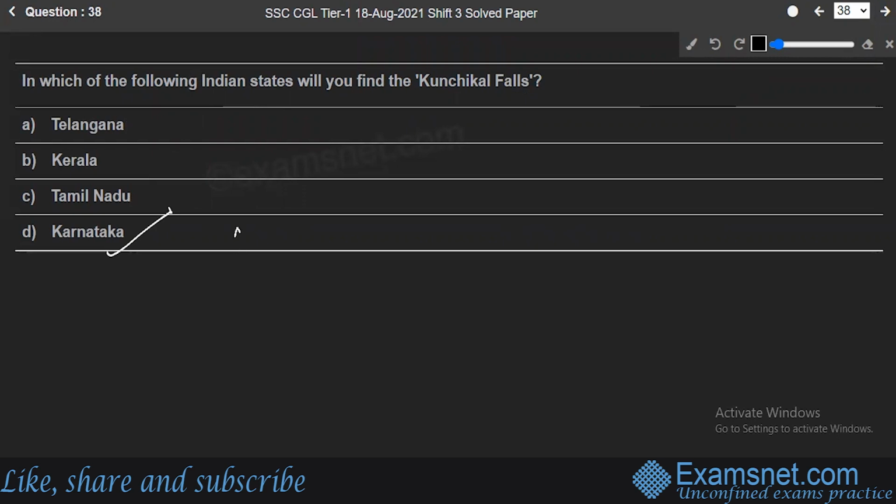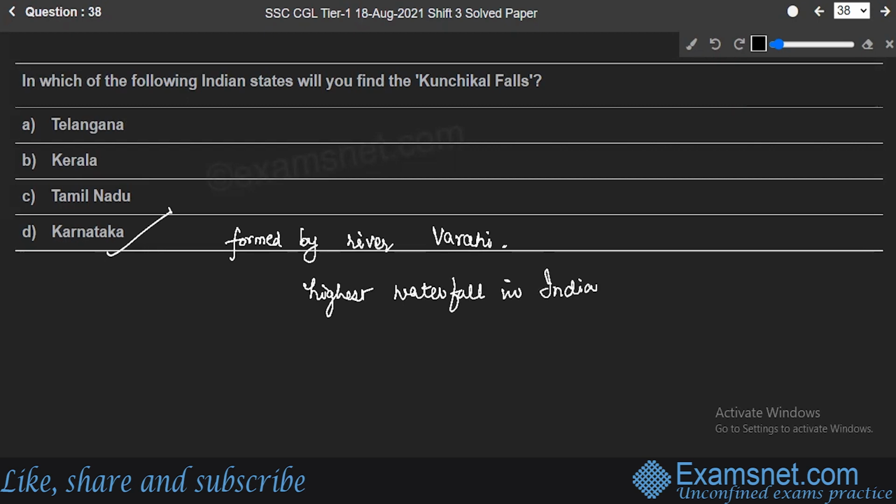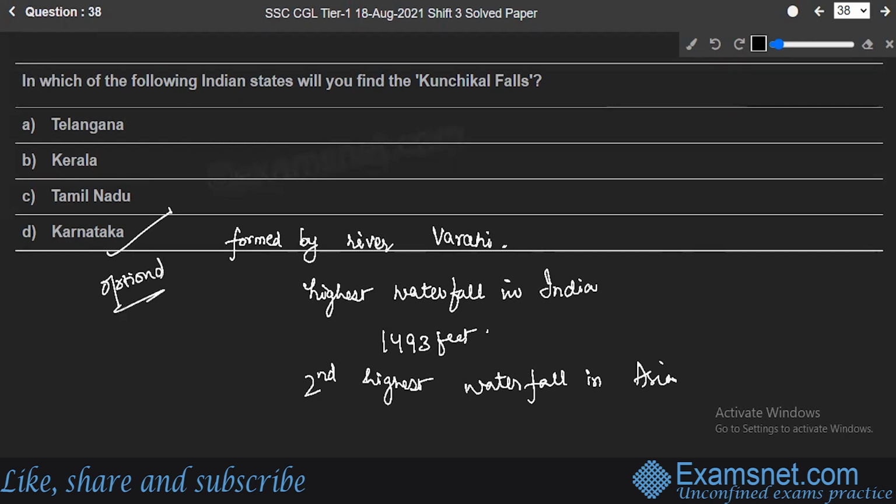It is the highest waterfall in India, with a height of 1493 feet. It's the second highest waterfall in Asia. So option D is the correct answer to our question.